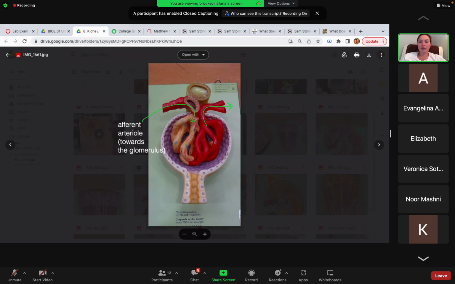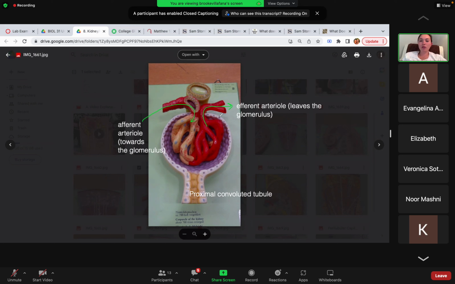Then we get the efferent arteriole, leaves the glomerulus. Then we get the proximal convoluted tubule. Remember that once the blood is filtered, it goes to the proximal convoluted tubule first. You can also think of it as proximal is proximal to the glomerulus.